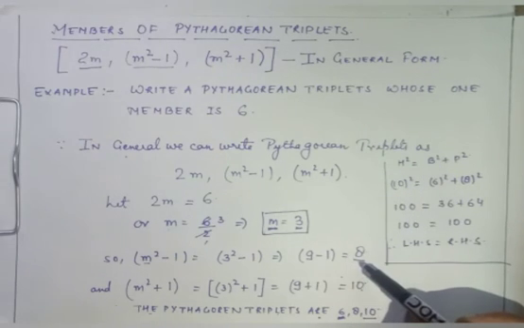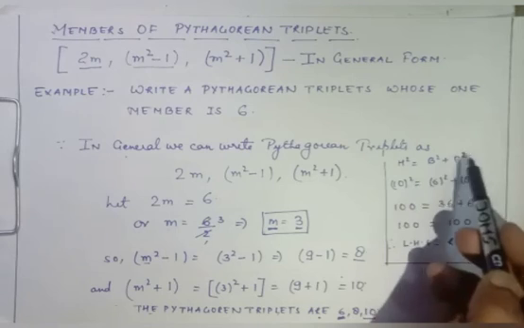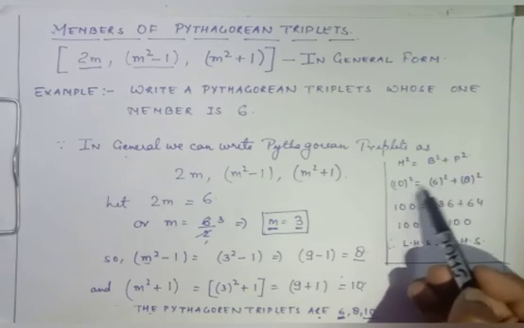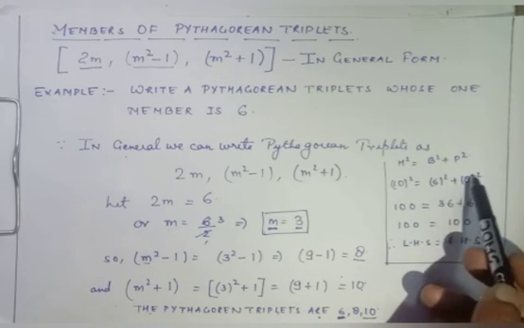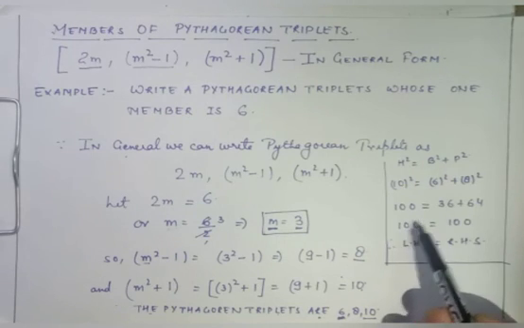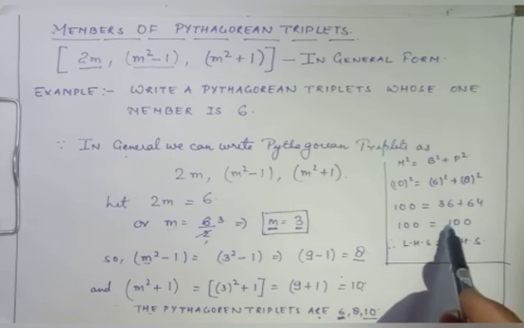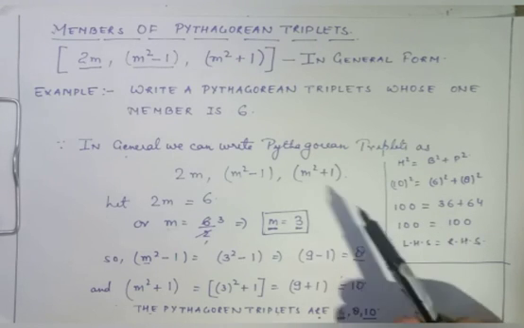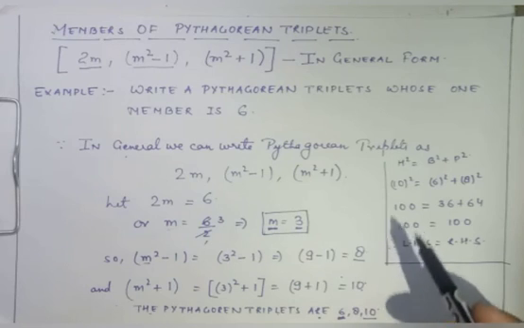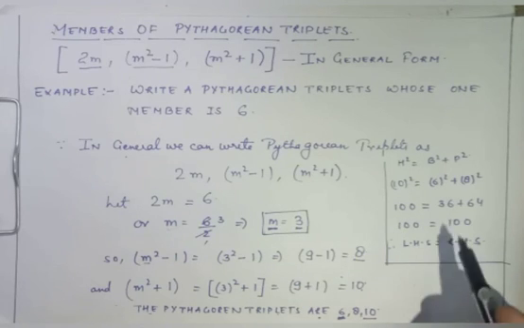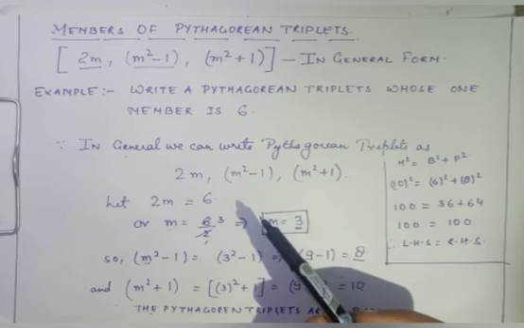B is 6 and P is 8. So 6 square makes 36 plus 8 square is 64. So 100 is equal to 100. It shows that LHS and RHS are both equal. So we can say that the numbers 6, 8, 10 form a Pythagorean triplet.